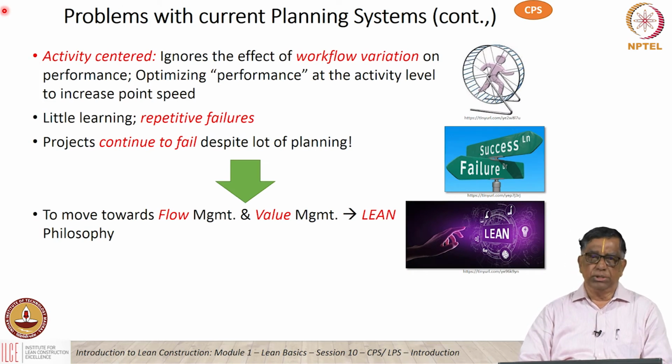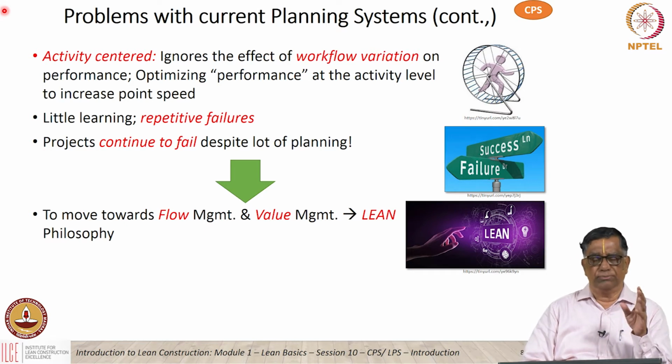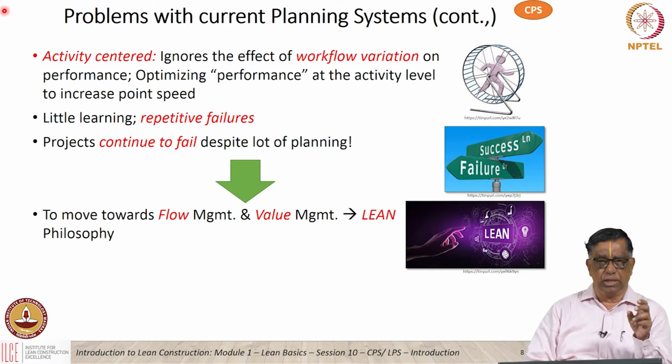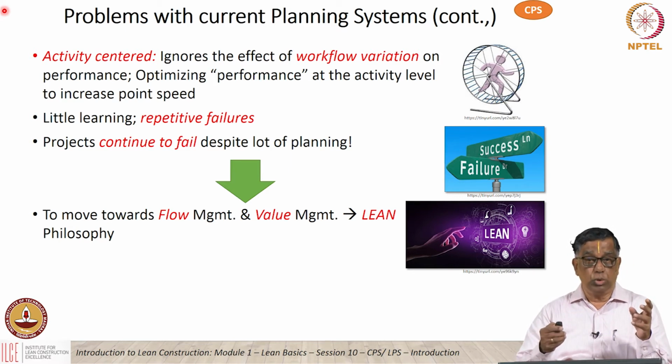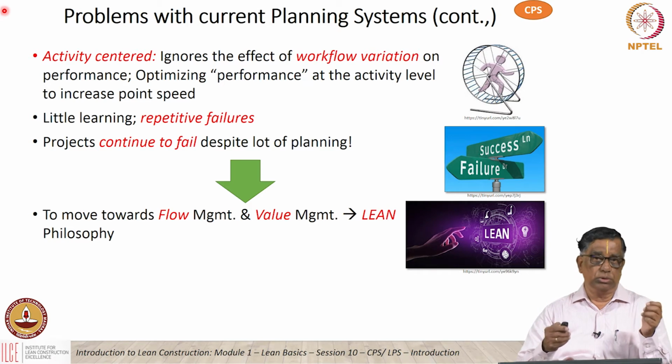And again, if you look at the focus, it is actually activity control. Have I been able to do today's concreting? Have I been able to get so many rebars bent for today or tomorrow? If you ask the frontline people whether they have a hang of the overall flow of work, towards delivering value for the client, ultimately handing over the project at the end of the day, you'll find that they don't have that kind of connection.